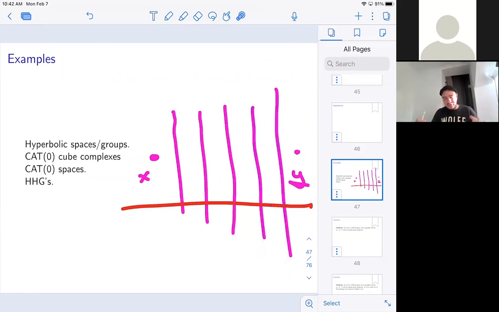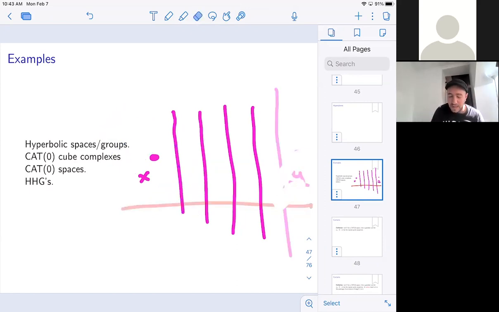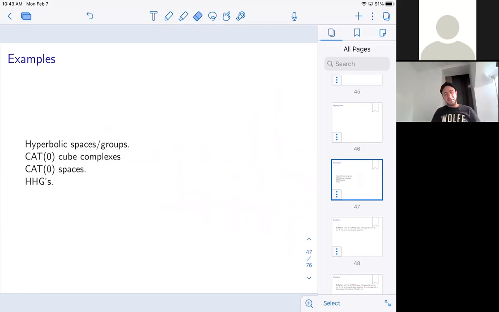If they're separated by a chain of 10 hyperplanes, this map sends X and Y 10 away. And the map is convex, just by the way I defined it. I sent this entire hyperplane to a point, this entire piece to a point, so the fibers of this map are going to be convex just by the way I defined the map.